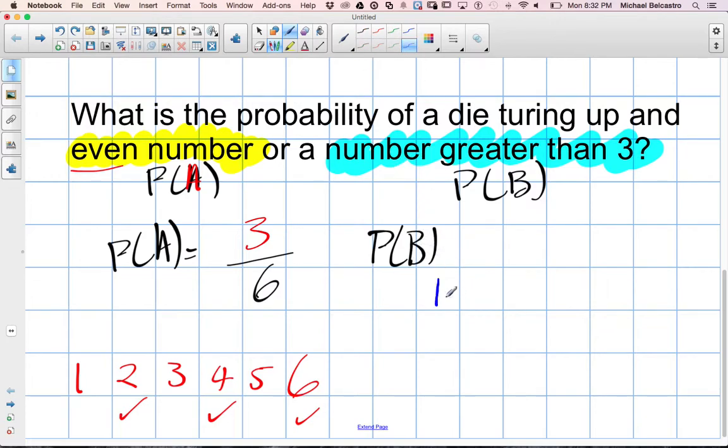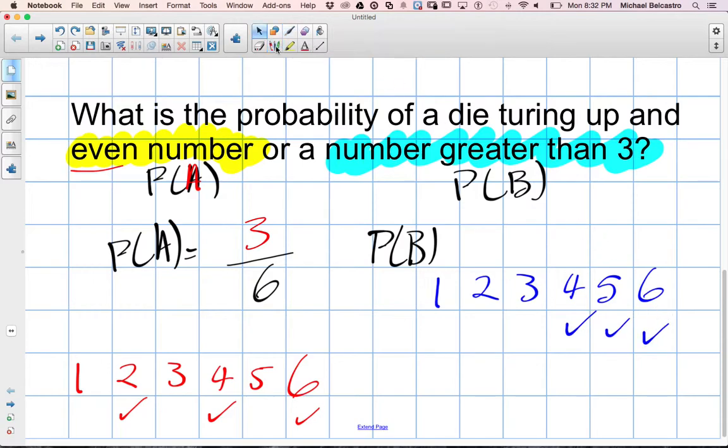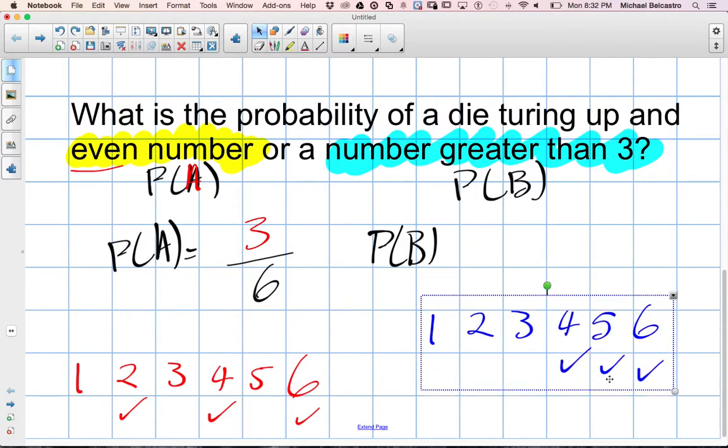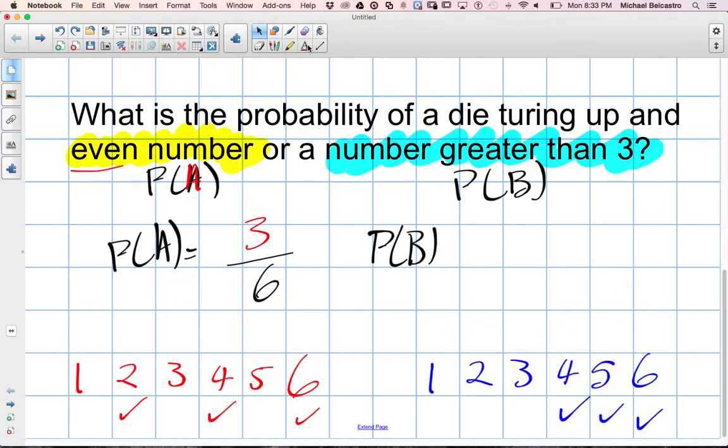We have 1, 2, 3, 4, 5, 6, and greater than 3 means 4, 5, and 6. So out of 6, there are 3 total options, so it's 3 out of 6, so half, right?